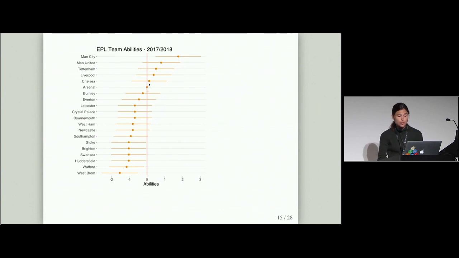And we have a number of teams whose point estimates are higher. So there are 5 teams that appear to perform higher than Arsenal. And then a larger majority that were estimated to be lower in strength.